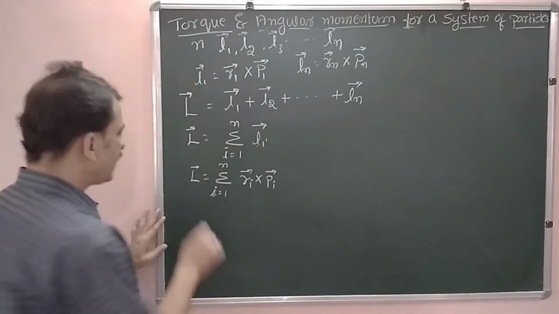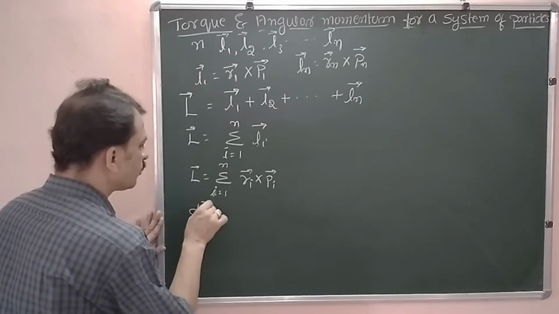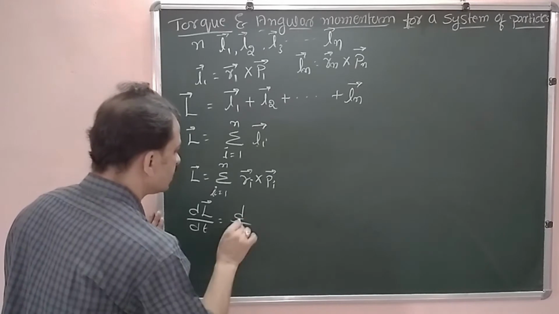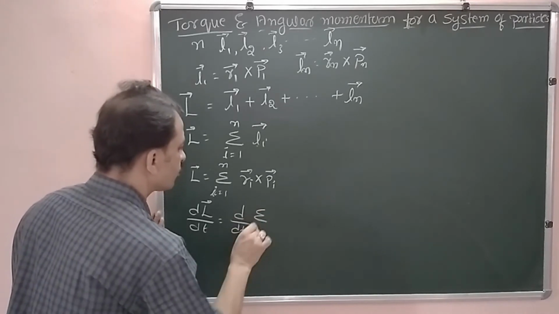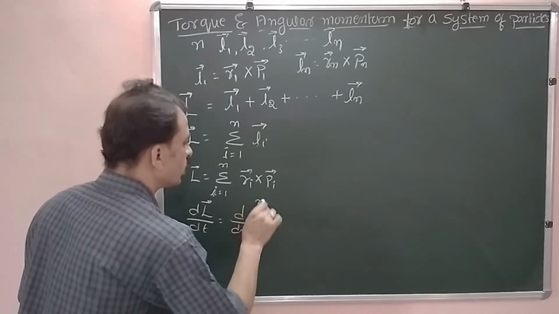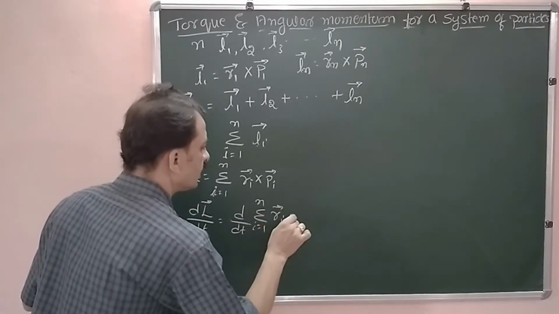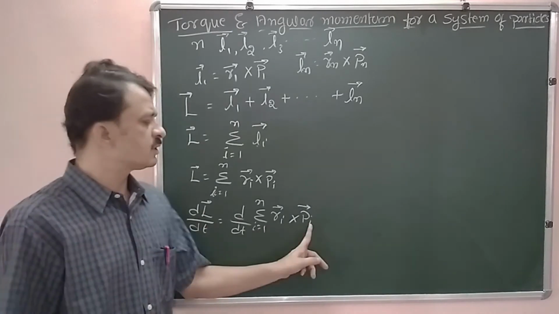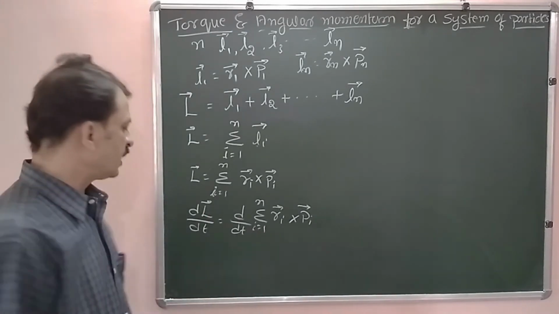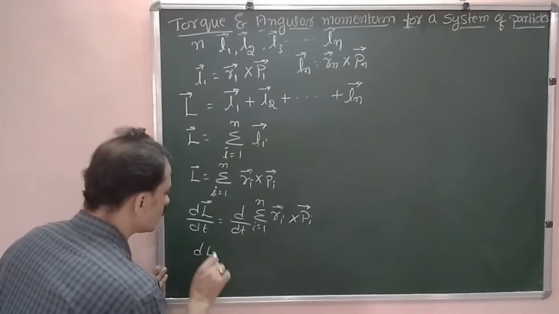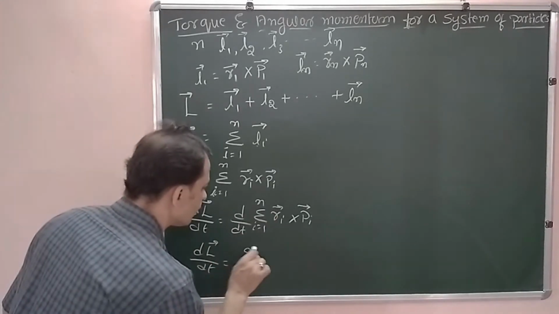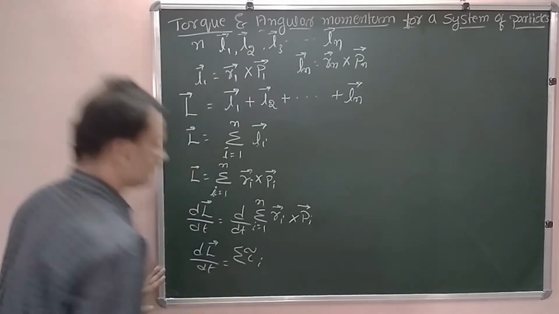If you take the time rate of change of the total angular momentum of the system, we get d by dt of the sum over i from 1 to n of ri cross pi, and we are already familiar with this one. This gives the total torque acting on the system.